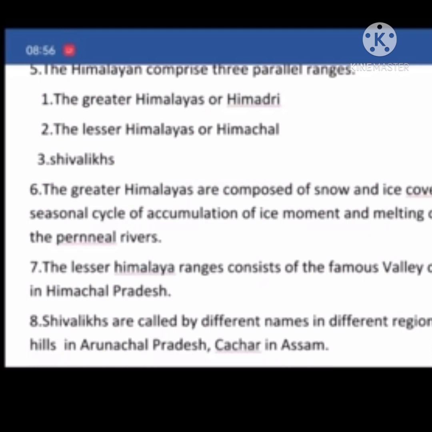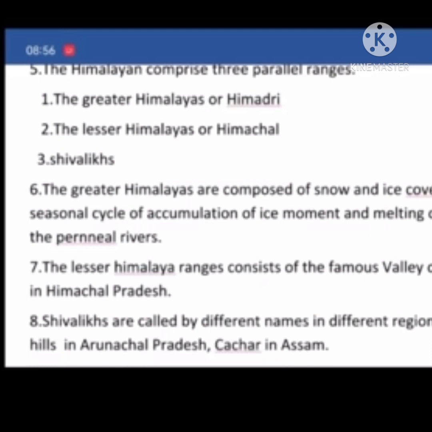So, sixth point, the Greater Himalayas are composed of snow and ice covered peaks. You find glaciers here. The seasonal cycles of accumulation of ice, movements and melting of glaciers are the source for perennial rivers. And seventh point, perennial rivers. Perennial rivers means they flow throughout the year.